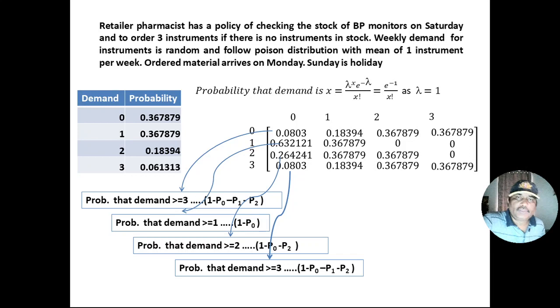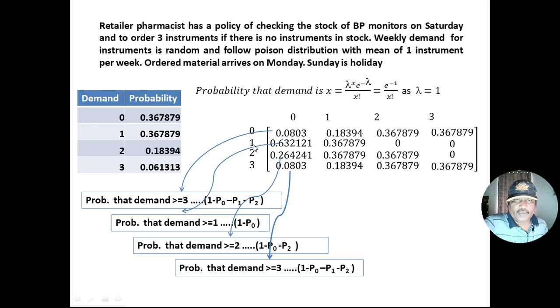So now, what are going to be the states? The states relate to the number of BP monitors. There could be no monitors when he reviews the stock on Saturday, so zero monitors.